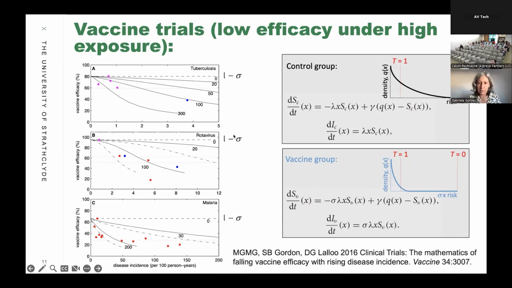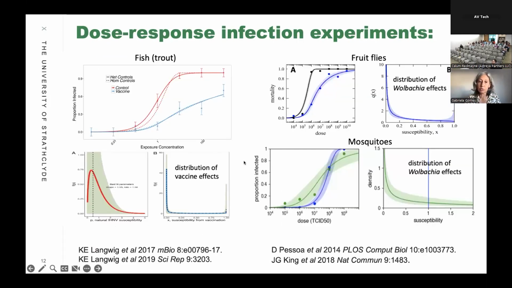Just one more slide, to show that this can also be done with these more modern challenge studies. Here we have dose of challenge as proxies for intensity of exposure. We fit models that have these flexible distributions in them to those response curves in order to estimate the parameters that describe the distributions.